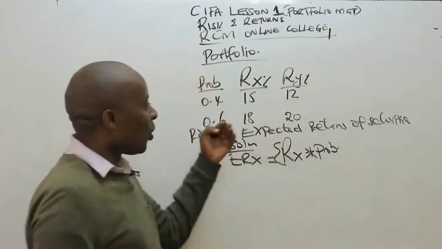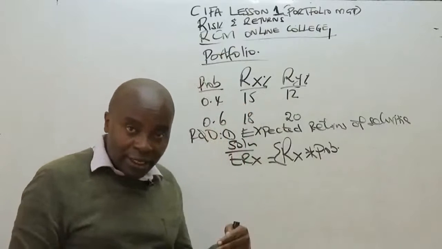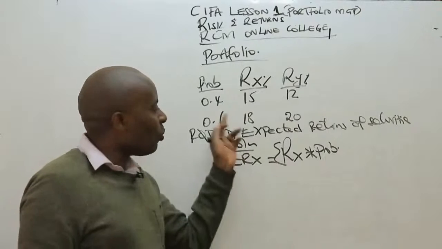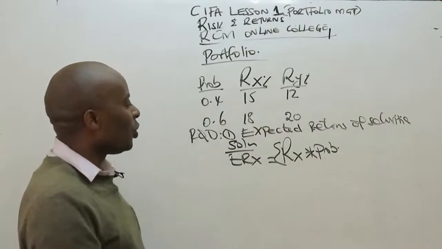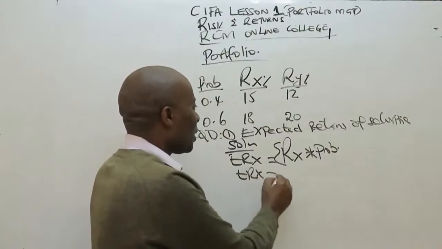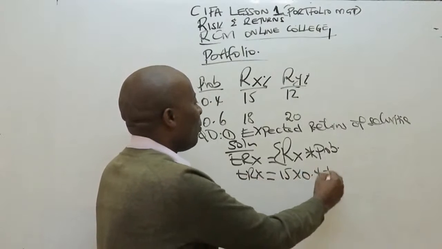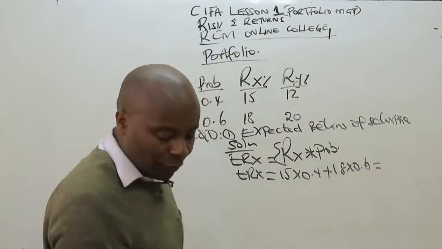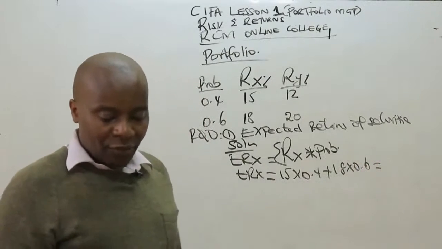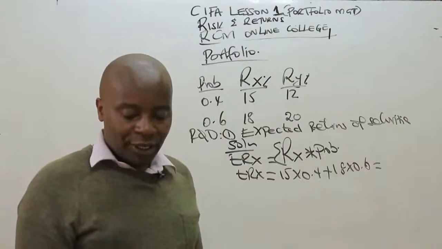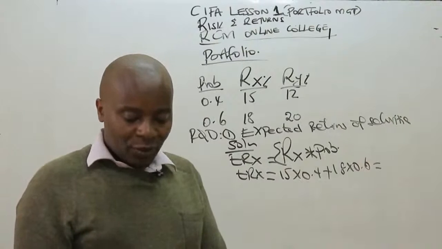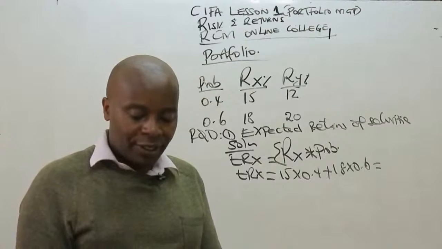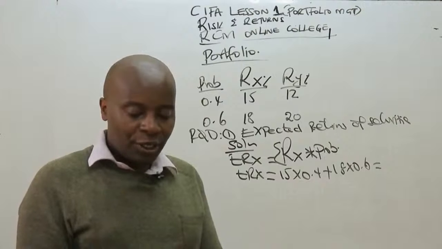Because we are not so sure whether it is 15 we shall realize, or 18, we incorporate the probabilities there. So, ladies and gentlemen, my expected returns of X here will be 15 times 0.4 plus 18 times 0.6, which at the end of the day will give us what figure? With my great calculator here, I'll be able to pick this figure very fast, which I'm sure most of us already have gotten.